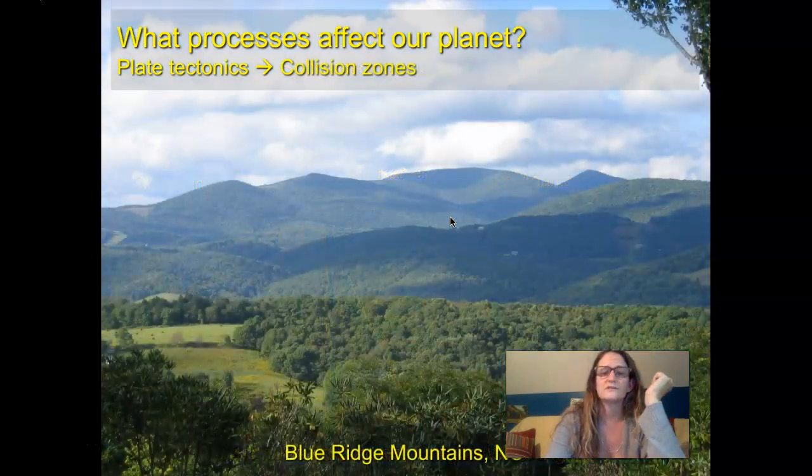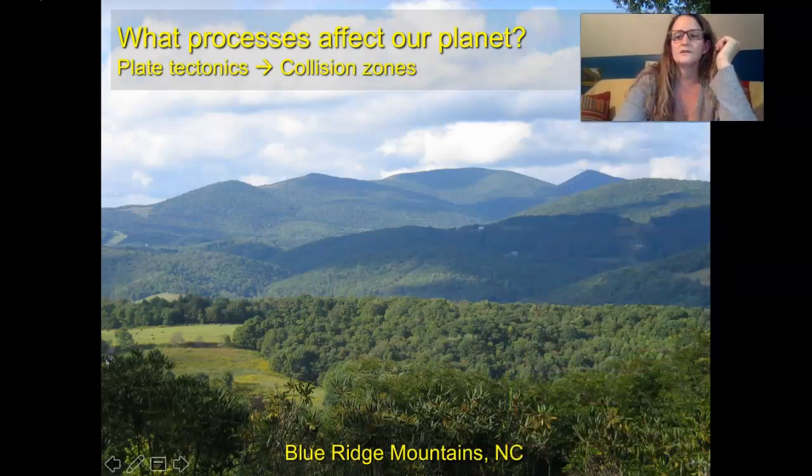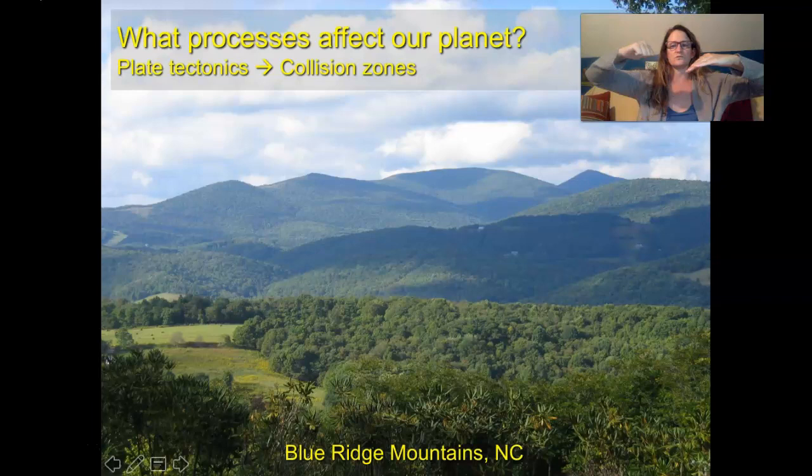Here we are in the Blue Ridge Mountains of North Carolina. The mountains here are a result of tectonic collision. So if that subduction zone was to continue, and there was my elbow was another continent, they would ram into each other.